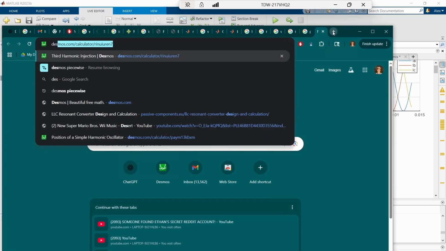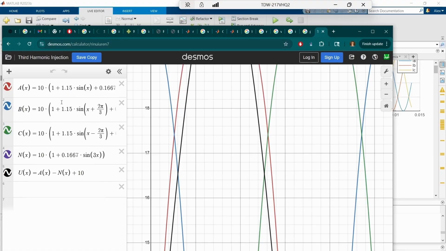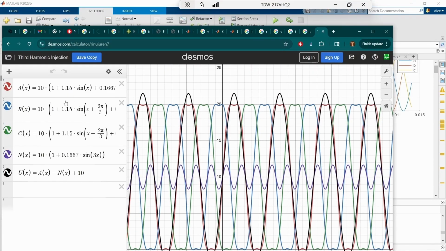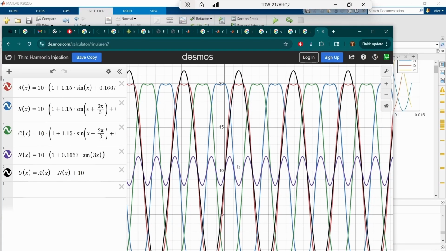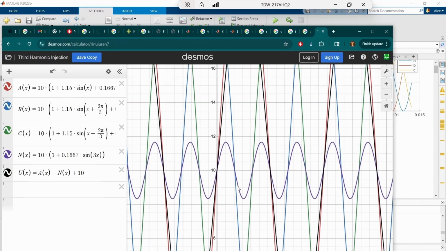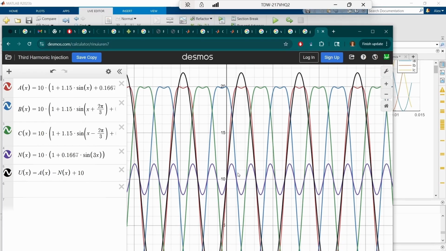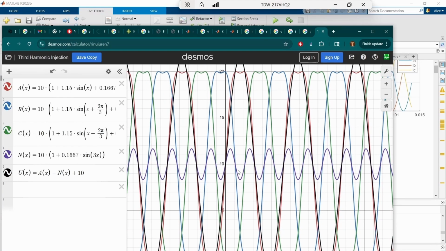Let me see, I can show you in Desmos, actually. I have a plot. So here I'm showing these third harmonic injected three-phase waveforms, and this purple is actually the voltage at the neutral node in the Y-connected load.